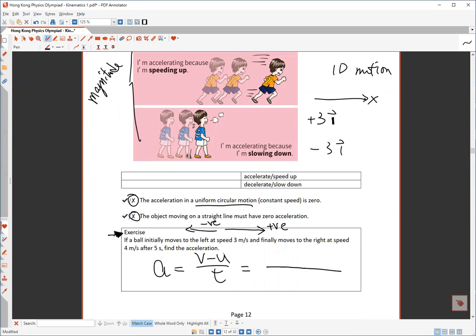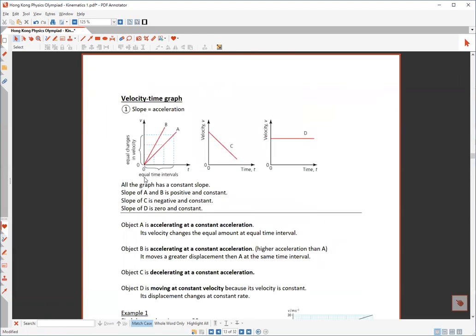The final velocity should be plus 4, and the initial velocity is minus 3 because it's moving to the left. The time is 5. Okay, that's it. Easy.